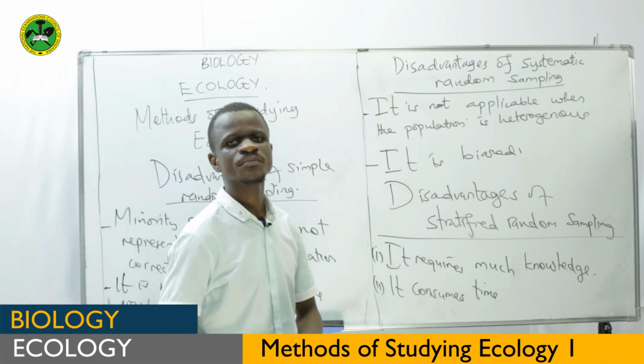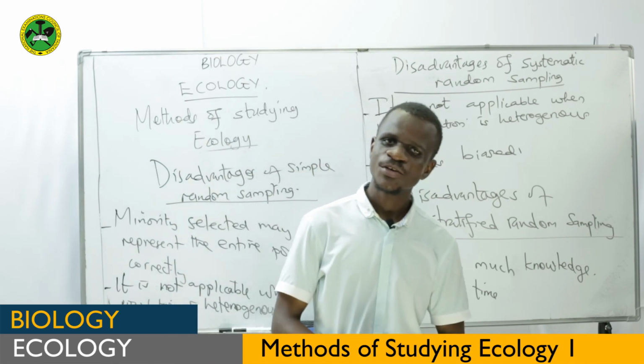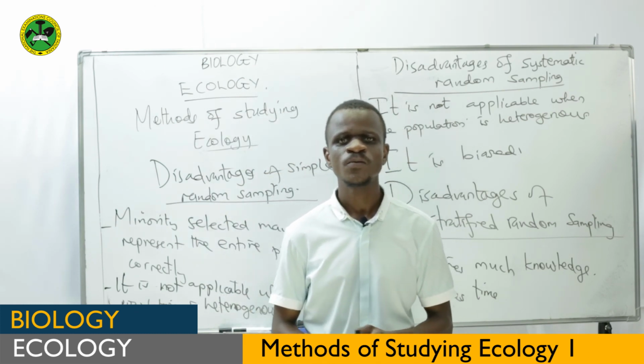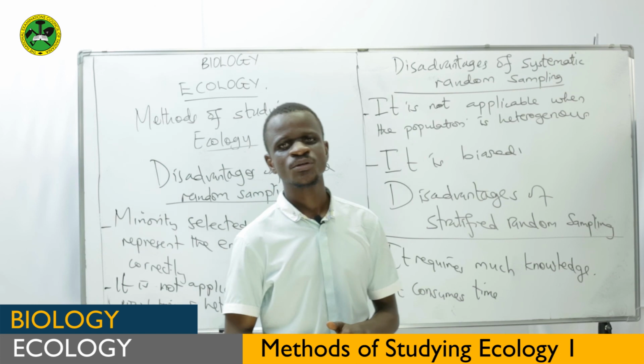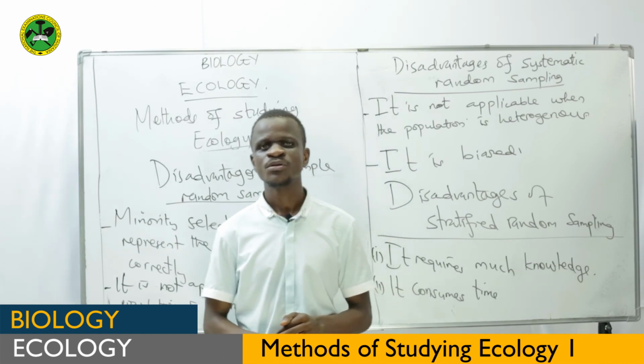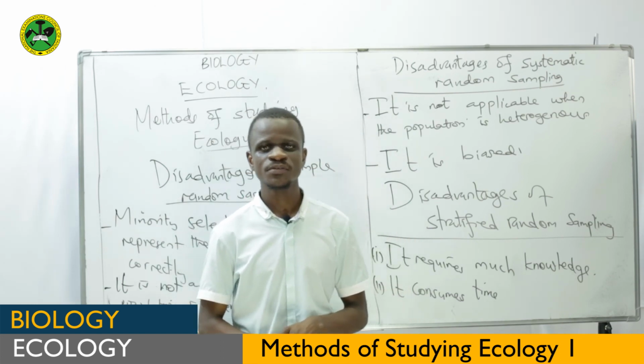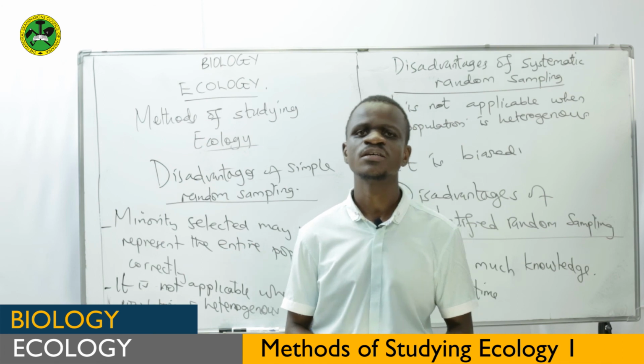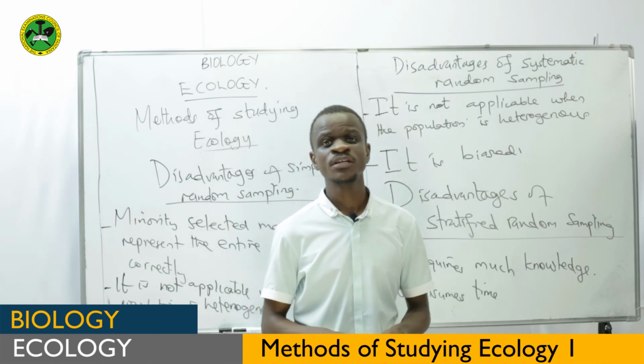Now, students, I'm sure you can define correctly the term sampling, the term sample. You can also explain how simple random sampling, systematic random sampling, and stratified random sampling can be conducted. Hope you can use this in the field.